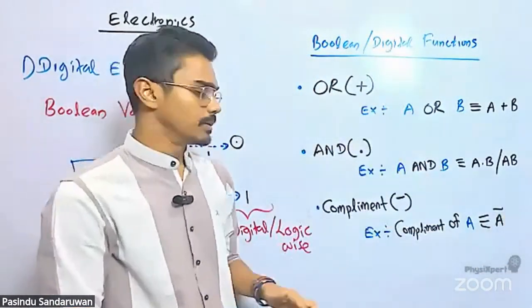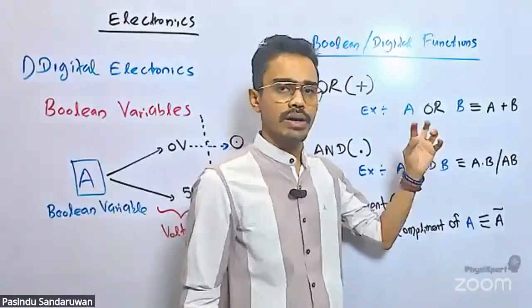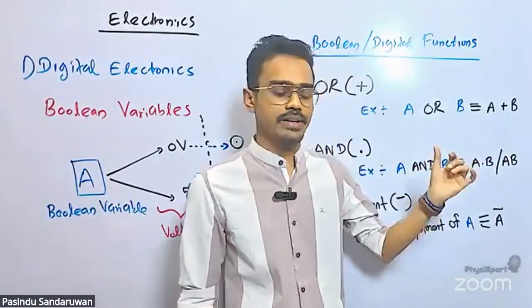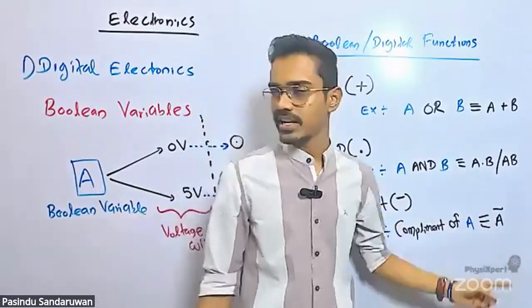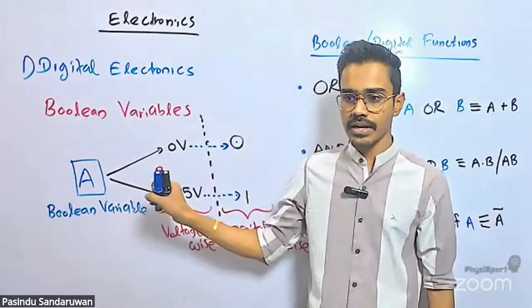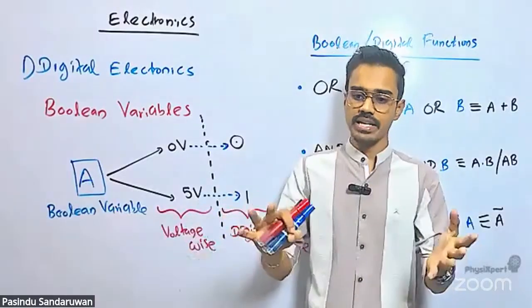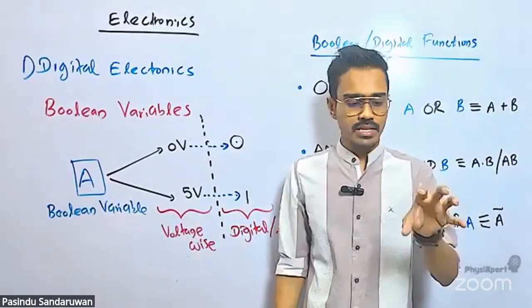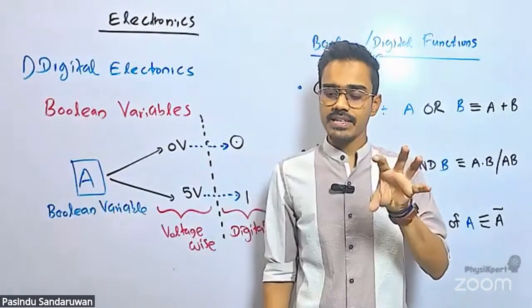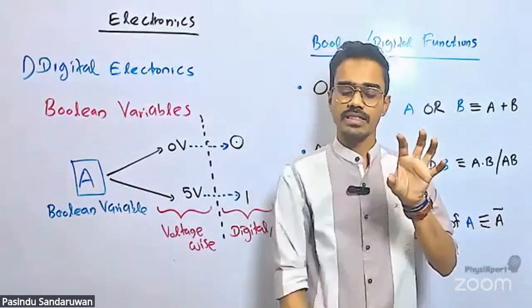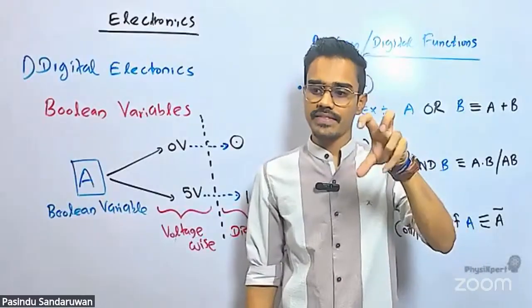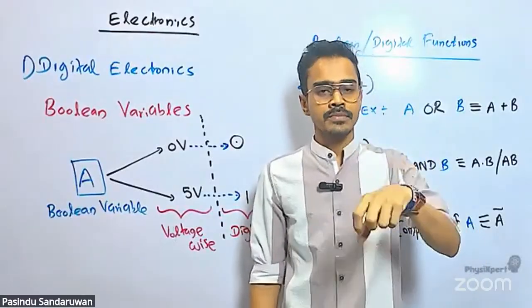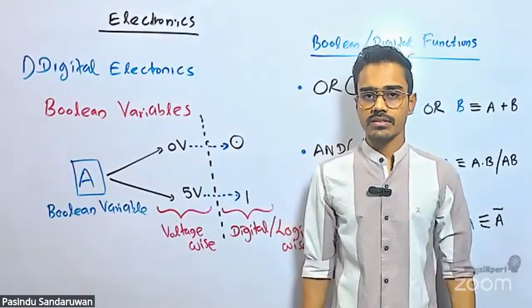Complement means, now even though OR and AND have a literal meaning, sometimes you might not get the word complement. This variable can have only two values, no? Either 0 or 5, or logically 1 or 0. Complement means, when the present value is 1, the complement is 0. When the present value is 0, the complement is 1. Which means the other value compared to the present value is called the complement.